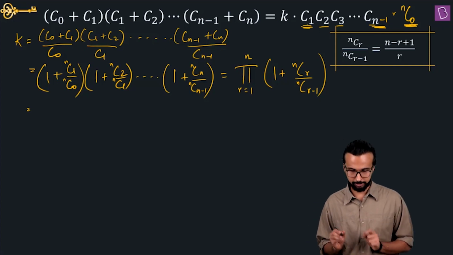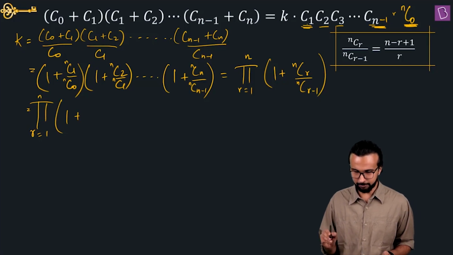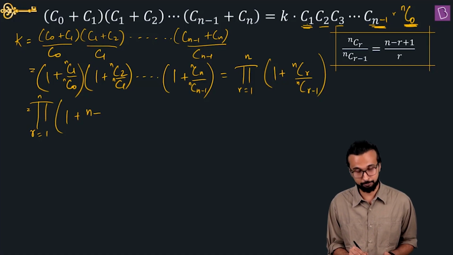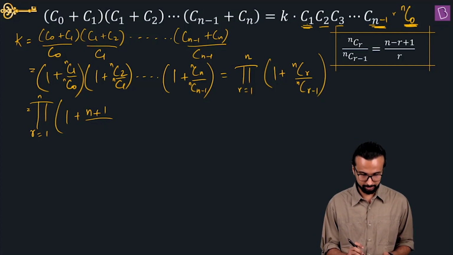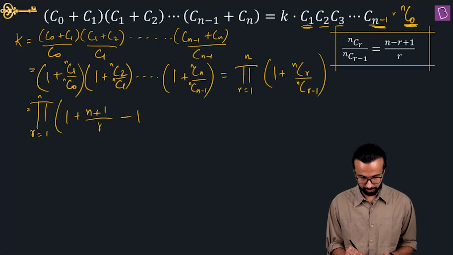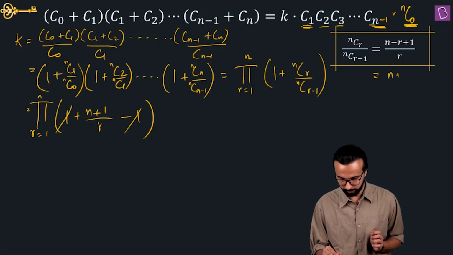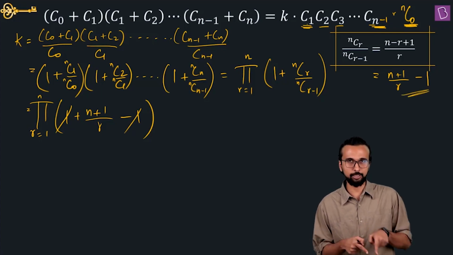Here, 1 + nCr/nC(r-1) is nothing but 1 + (n-r+1)/r. This minus r divided by r becomes nothing but minus 1, and this cancels out here. So notice that I get (n+1)/r - r/r, which is 1. That's what I used here.